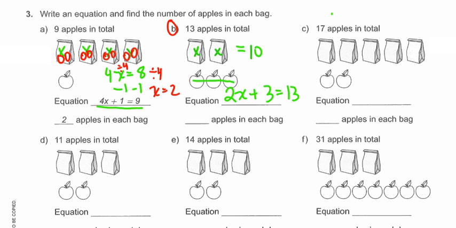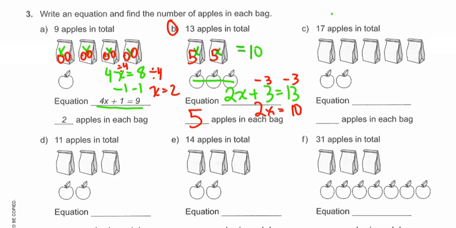So over here, that would be going minus 3 and minus 3. So now I'd have 2x equals 10. So 2 bags of apples equals 10 apples. How much would each bag be? Hopefully you can see that that must be 5 in that bag and 5 in that bag.